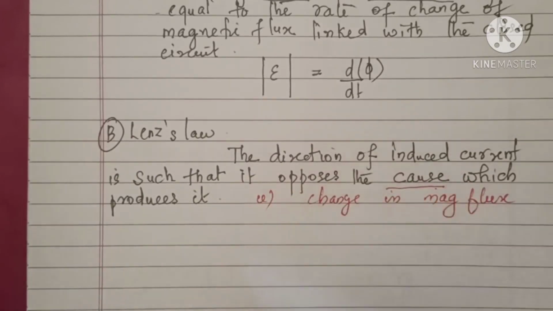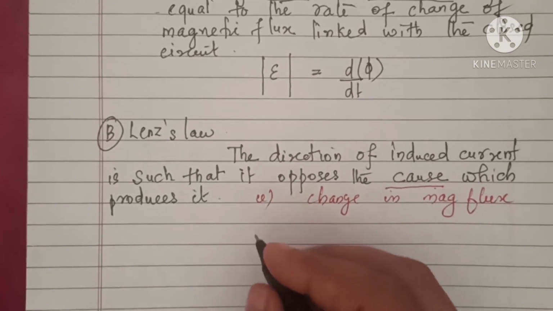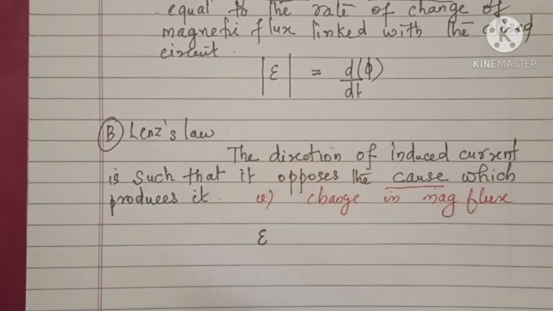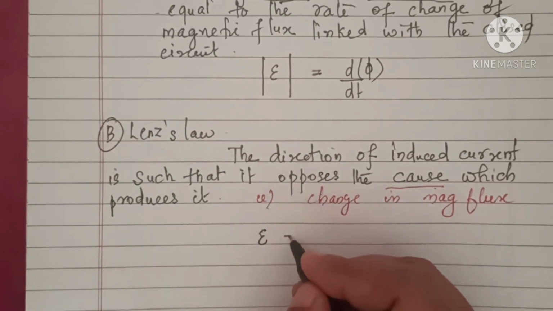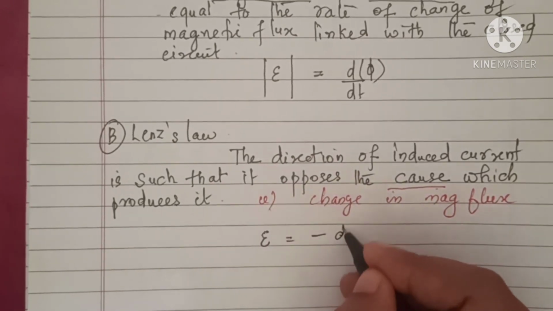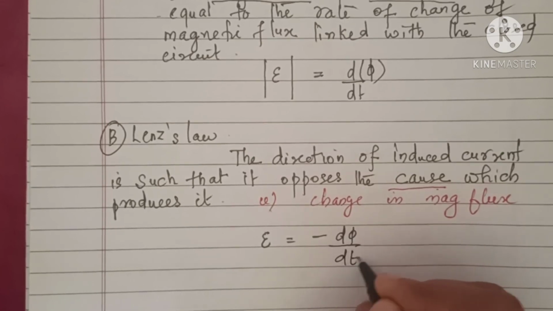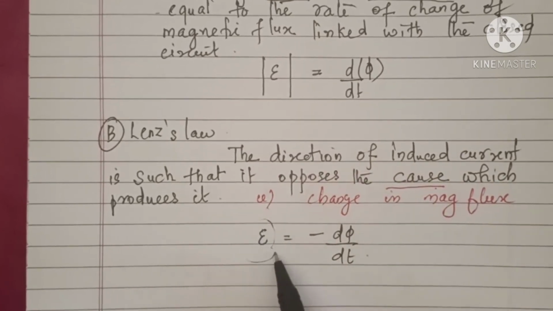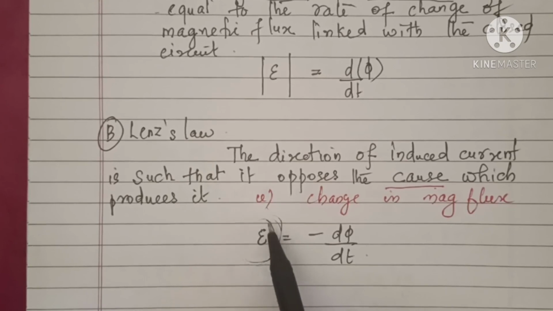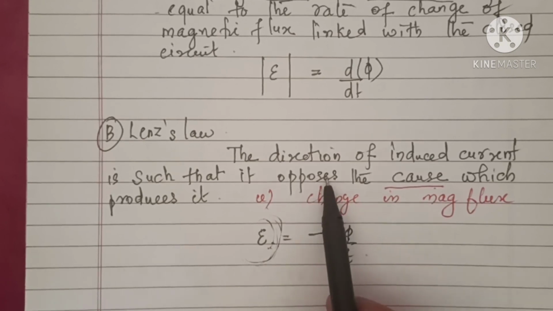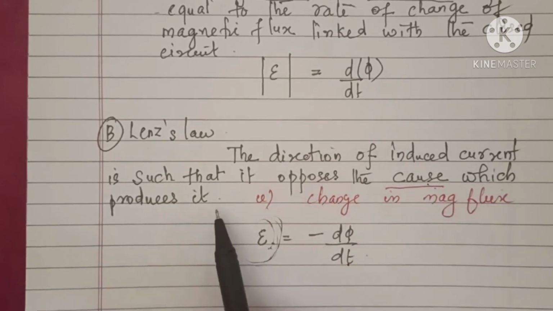So the direction is always opposite to that change. Here you can write the value of the induced EMF along with direction and magnitude: it is minus d phi by dt. Why? Because the direction of induced current or induced EMF is such that it opposes the change in magnetic flux, or it opposes the cause which produces it.